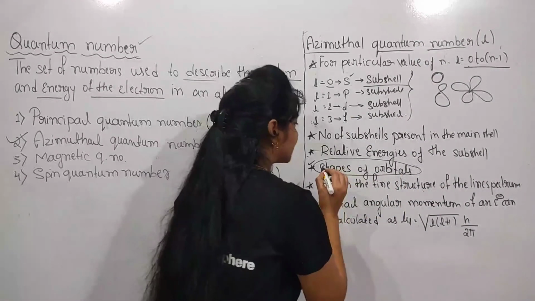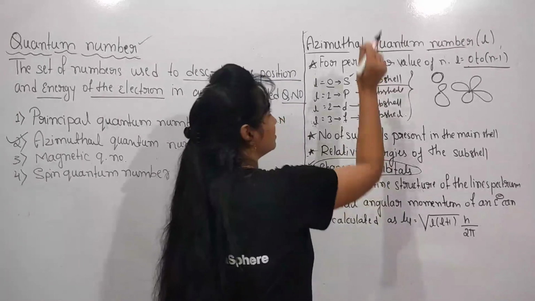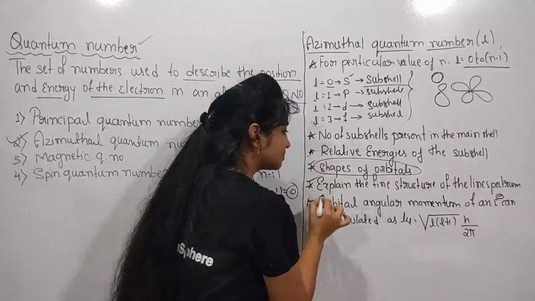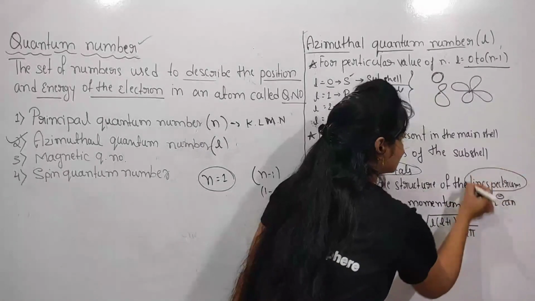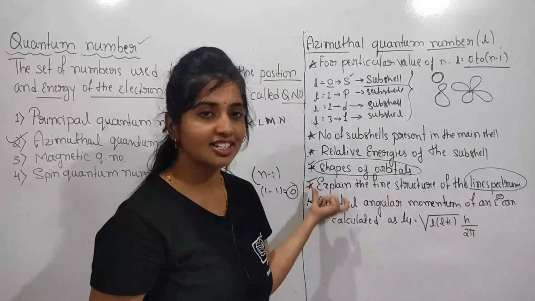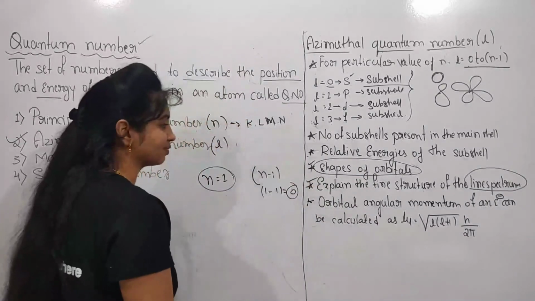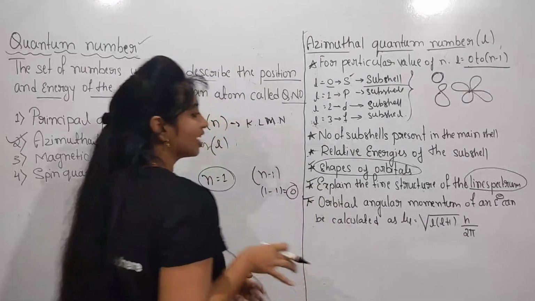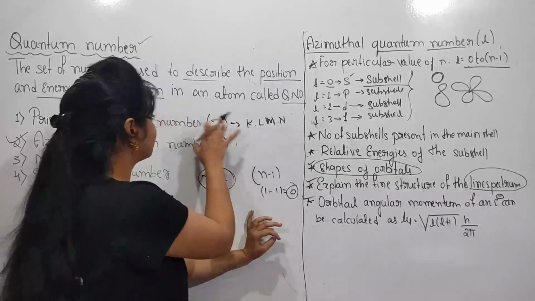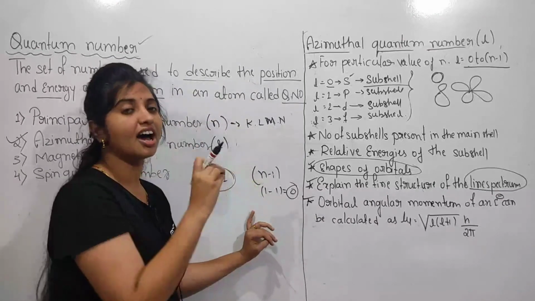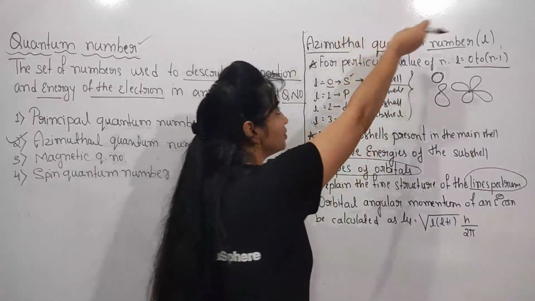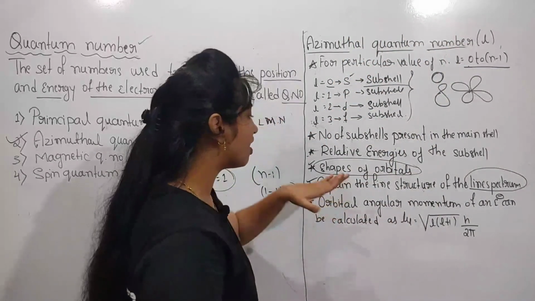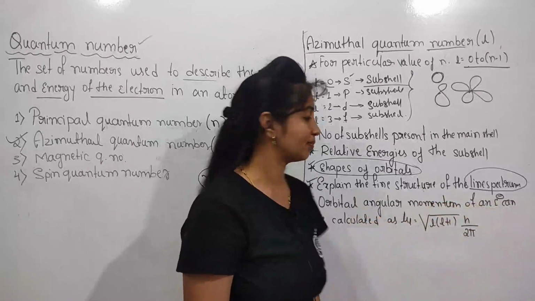Next, the azimuthal quantum number explains the fine structure of a line spectrum. So this explains the fine structure of line spectrum. And next, as in the principal quantum number we got the angular momentum of an electron, here the azimuthal quantum number gives us the orbital angular momentum.